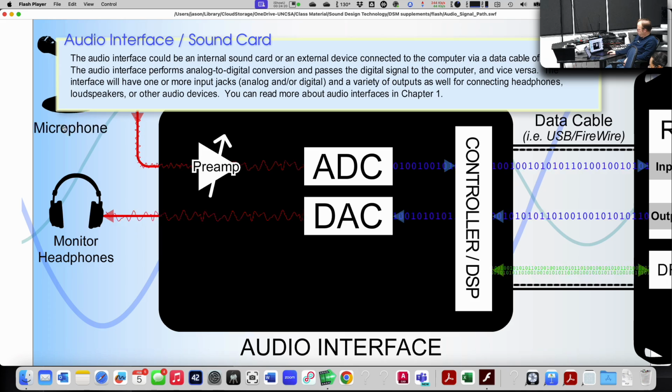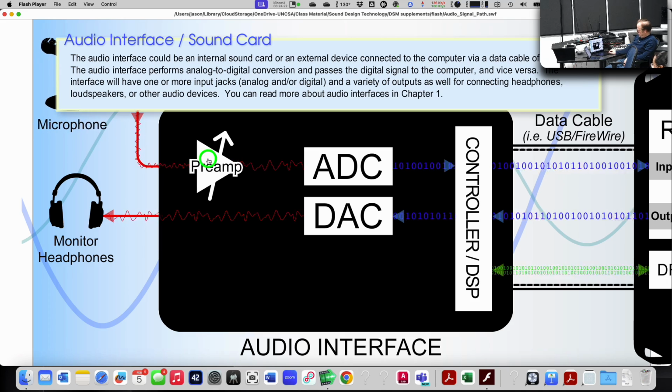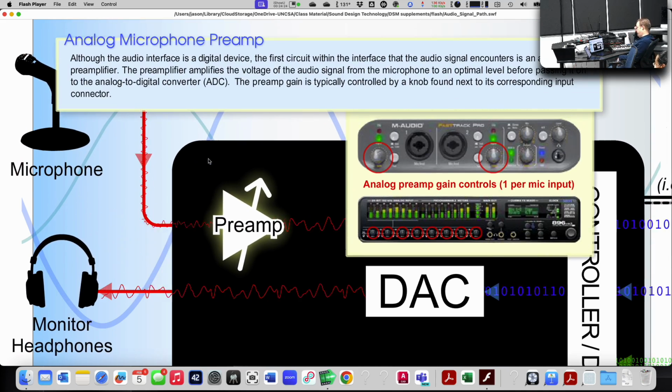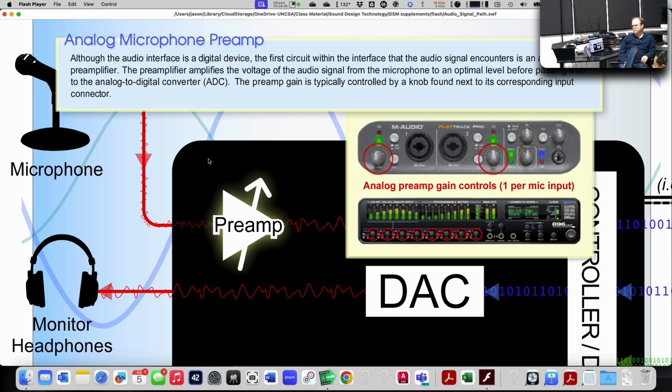Well, for the microphone, the first thing it's going to encounter is the preamplifier. And this is an analog circuit. There's no digital happening yet here. This is the same thing that's on a mixing console. It's an analog thing. And what it's doing is, remember that one time when I said the dynamic microphones are passive, they're always on, they're always doing the thing, they're always converting sound into audio? Well, depending on how loud the thing is they're encoding and how close the mic is and everything, that is going to result in a slightly different voltage.